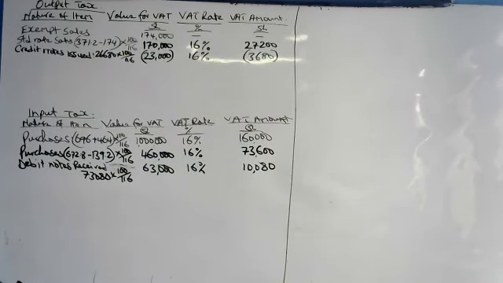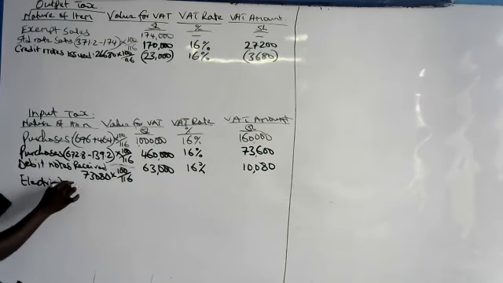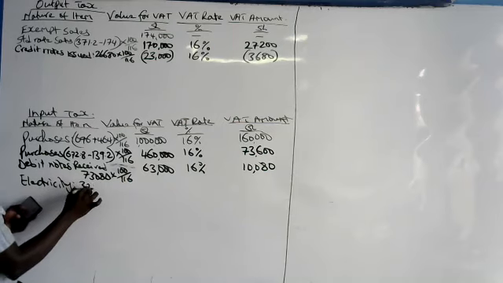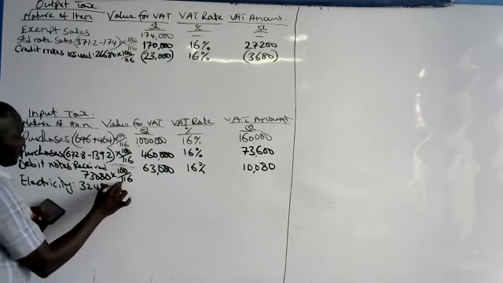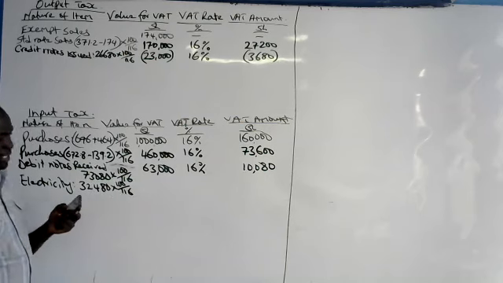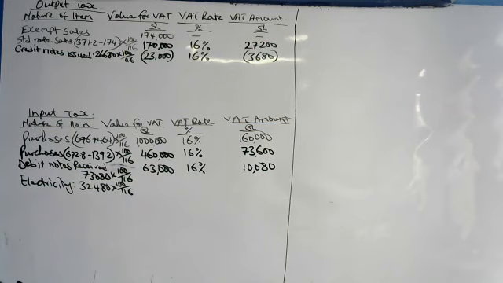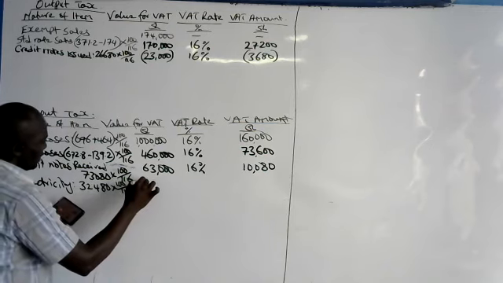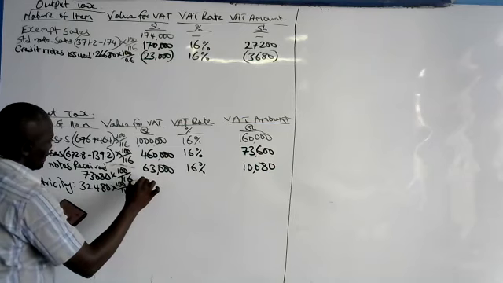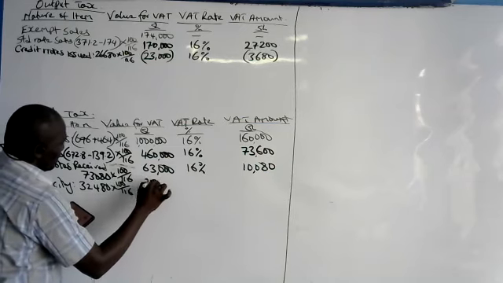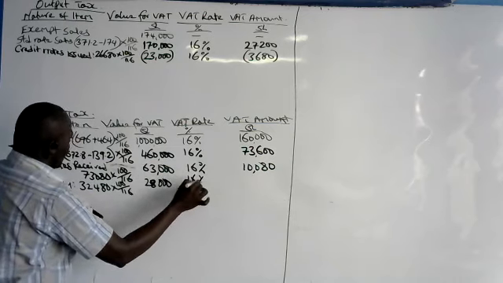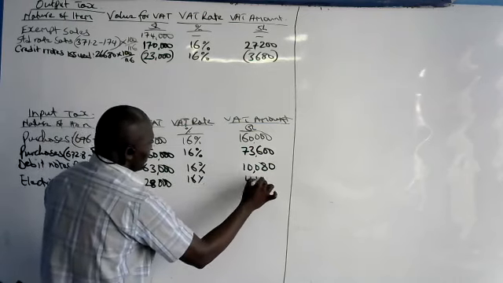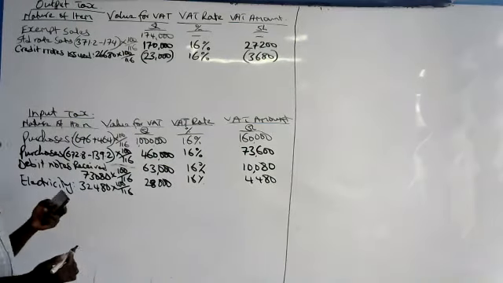Settled electricity. Electricity inakuja huko chini. So electricity 32,480. 100 over 116. Sorry, 58,000. 28. 28,000, 16%. 4480.